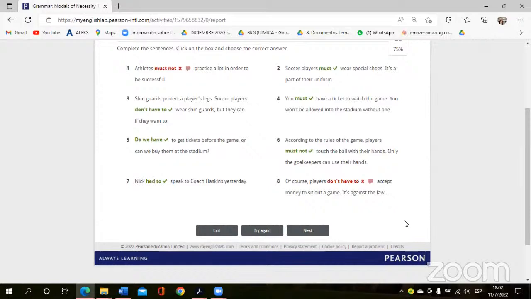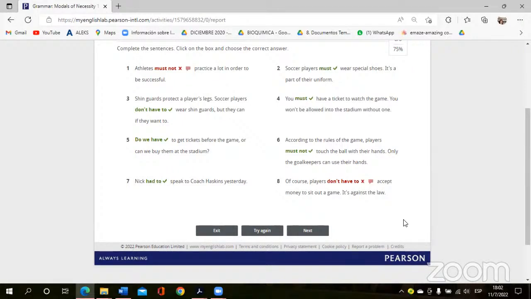Okay, let's remember, Chris, when we said that have to is not really strong, right? So have to is like 50%. But when we talk about something impossible, something that can't be possible, we use couldn't or can't, right?